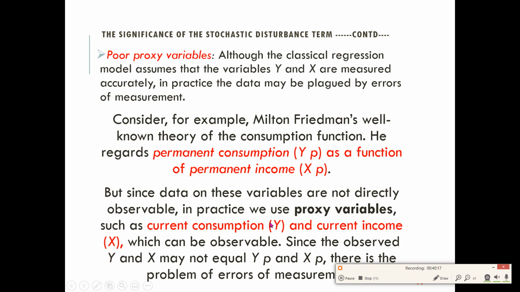We are using proxy variables. Because of using these proxy variables, again, we won't be able to predict things with 100% accuracy. And once again, here comes the significance of the random error or the stochastic disturbance term UI.